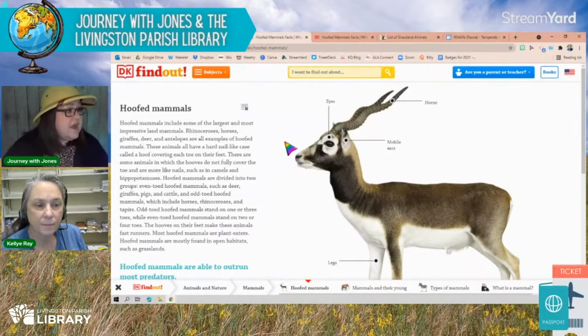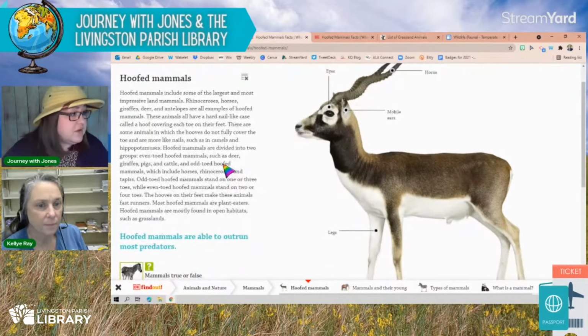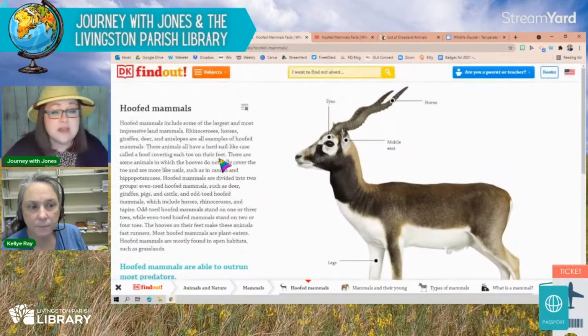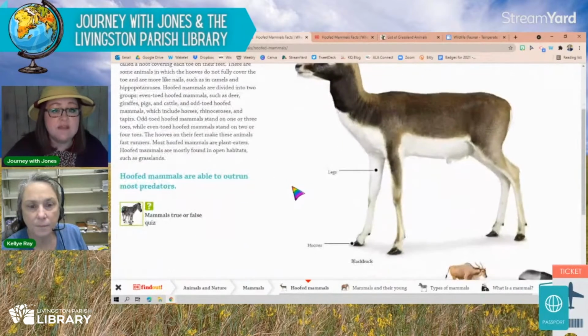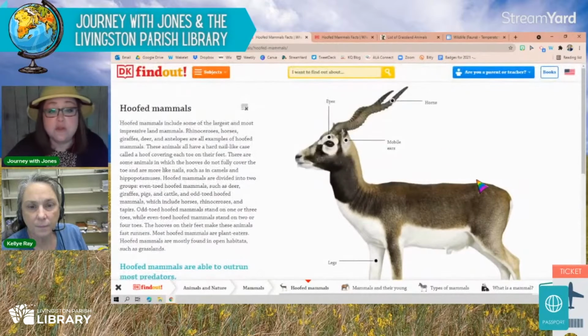They're mammals. And as you can see in this website, when you click on this link yourself, you can read this a little bit better. But a lot of the animals that you would find, deer, antelope, things like that, are going to have hoofs. And this is a really cool website called DK Find Out, where you can go and read all about these types of animals.